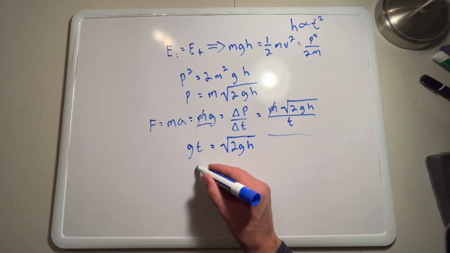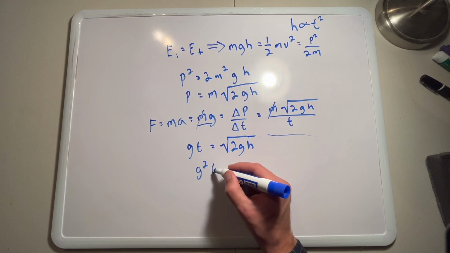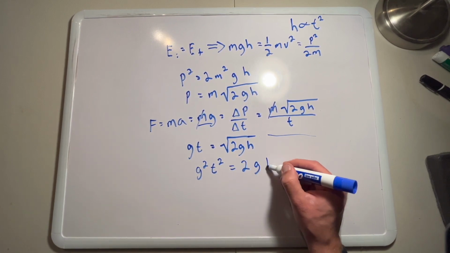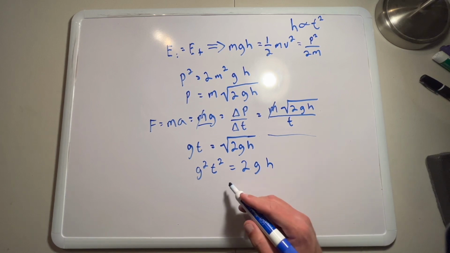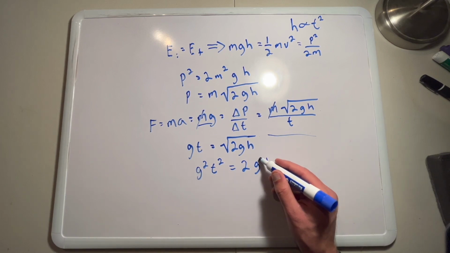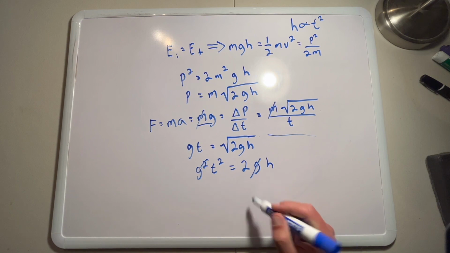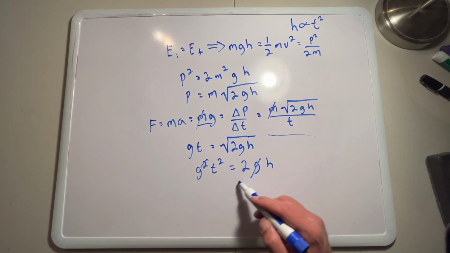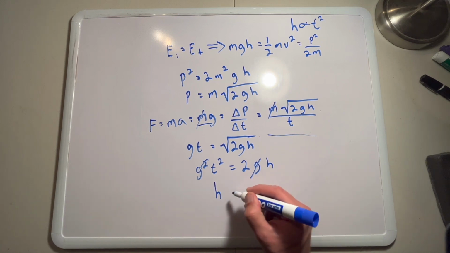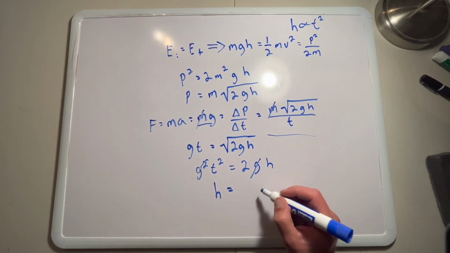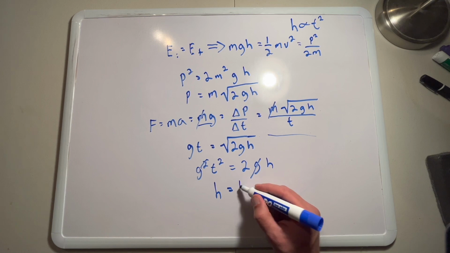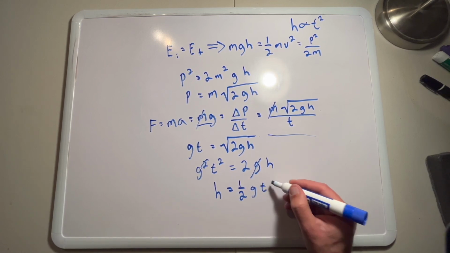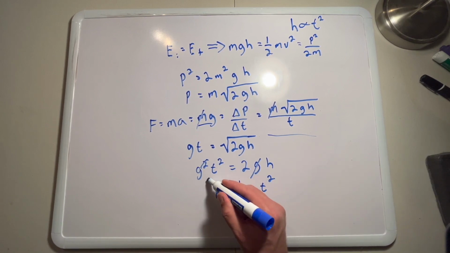So now we have g squared t squared equals 2gh. Now we can divide one of these g's over. So then that'll get rid of the square. And now we're almost there. We just divide the 2 over. We get height is equal to 1/2 g t squared.